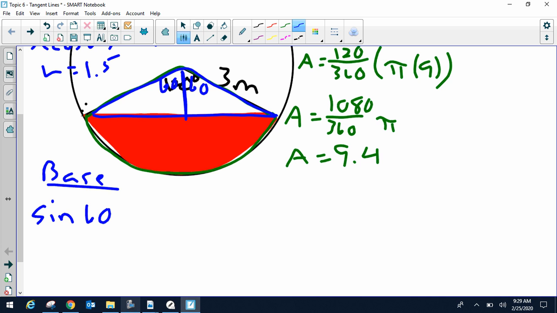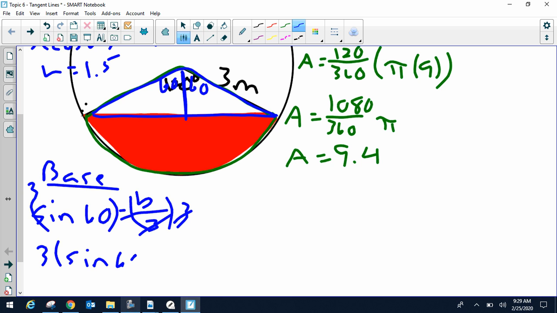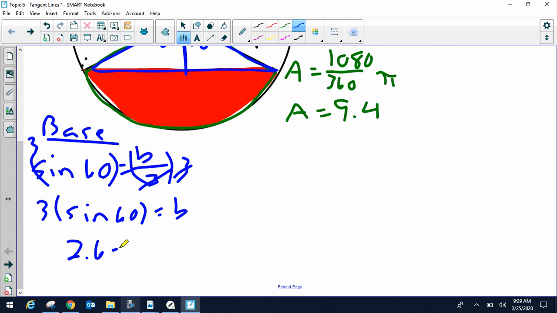So sine of 60 equals the base over 3. Same thing, multiplied by 3 on both sides. So 3 times the sine of 60 is my base. Sine of 60 times 3, rounding to one decimal place, so my base is 2.6.